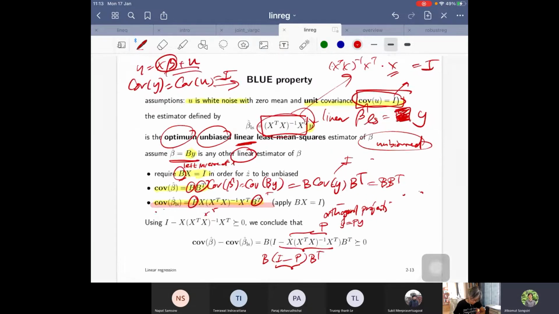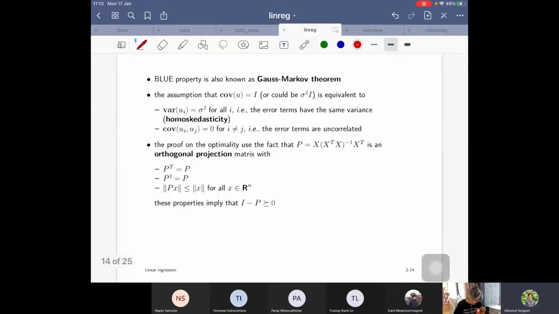I will let you verify, because this matrix P is an orthogonal projection matrix, so it satisfies 3 properties. First, it's symmetric. Second, it's idempotent, P squared equals P.